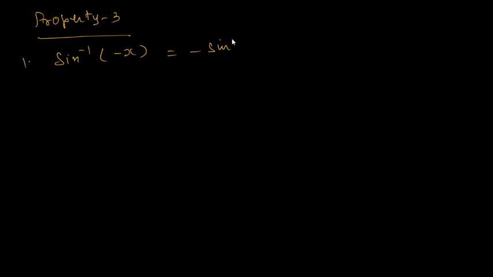Let us move to the third property. Property 3. Sine inverse of minus x is equal to minus of sine inverse x for all x belongs to the closed interval -1, 1.